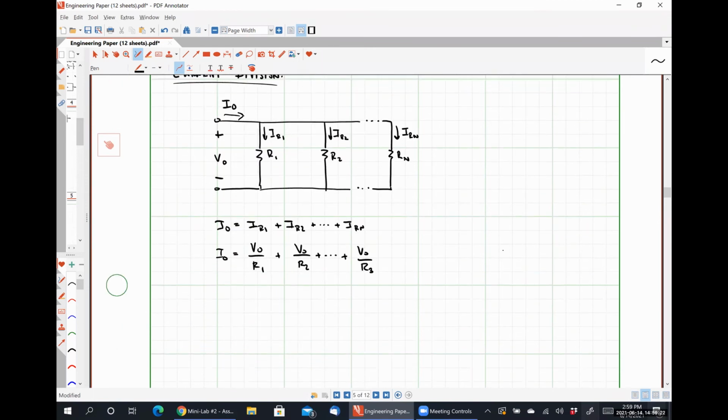And I can combine all of those terms together, and it'll look something like this. I naught is equal to V naught multiplied by 1 over R1 plus 1 over R2 plus 1 over Rn. Sorry, that shouldn't be R3, that should be Rn. My apologies.